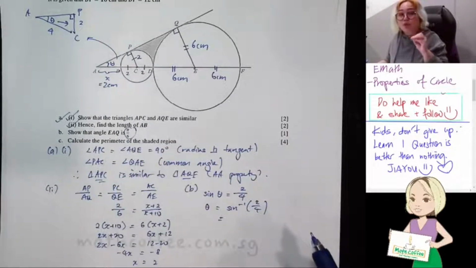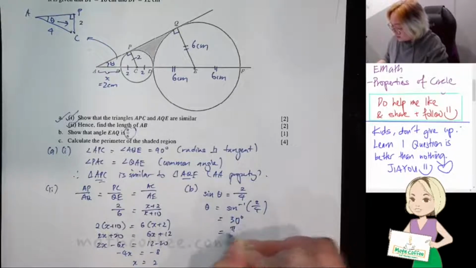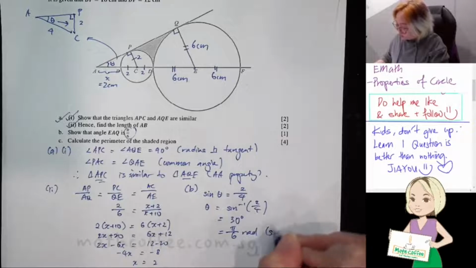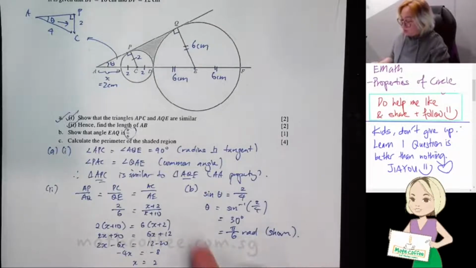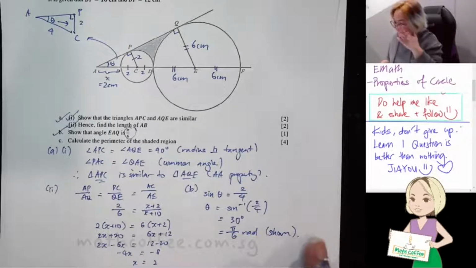So we must know that pi radian is the same as 180 degrees. So if it's 30 degrees, it is the same as saying it is pi over 6. Okay, and shown. So we are done with B as well. It's just using trigonometry.